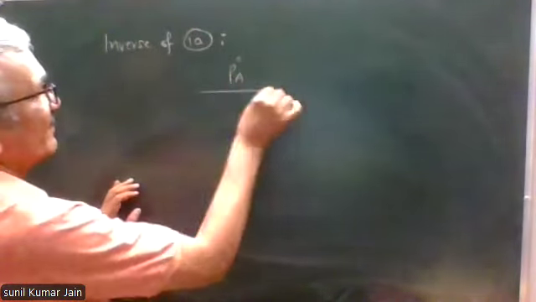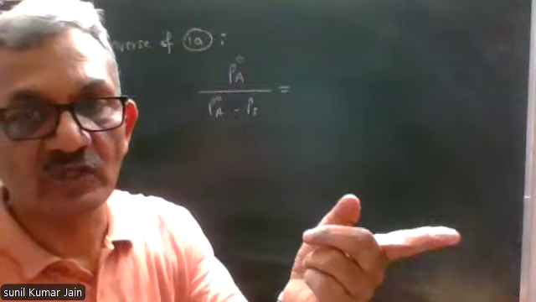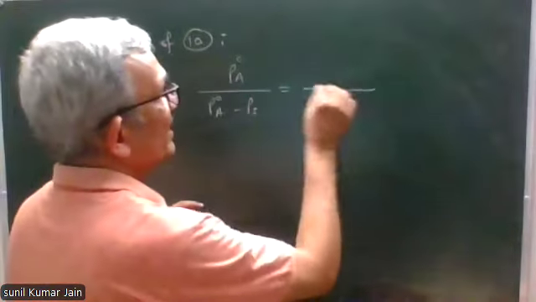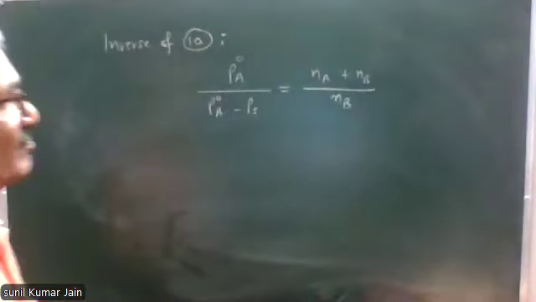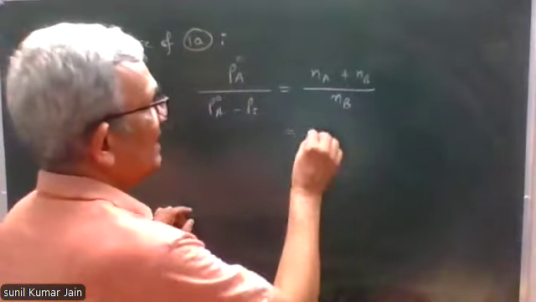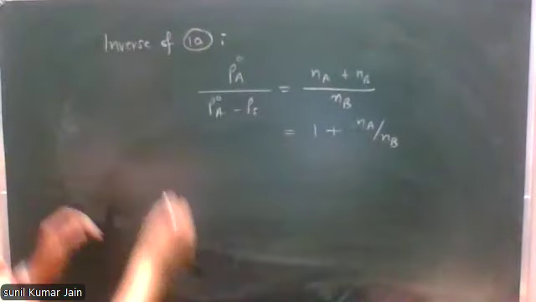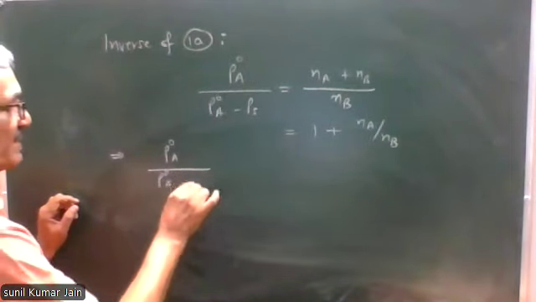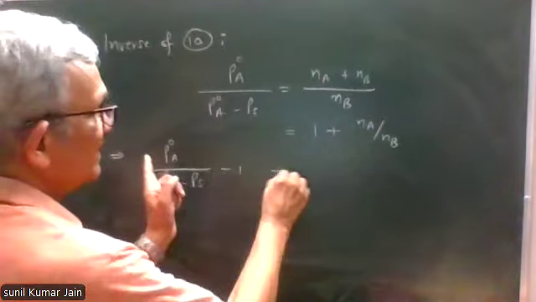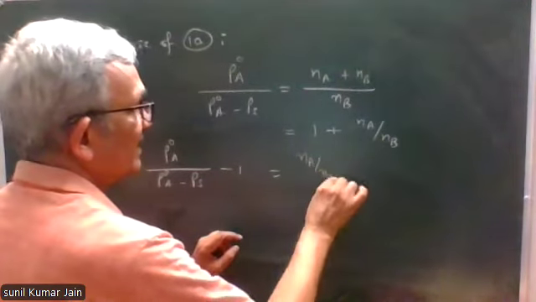So inverse of this equation will be P0A divided by P0A minus PS is equal to mole fraction of solute. This I'll write in the inverse form, Na plus Nb divided by Nb. This is nothing but 1 plus Na divided by Nb. Or I can say P0A divided by P0A minus PS minus 1 is equal to Na divided by Nb.